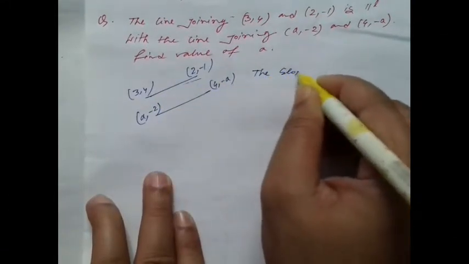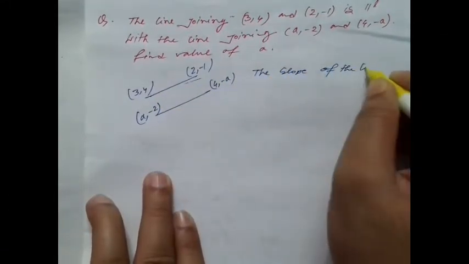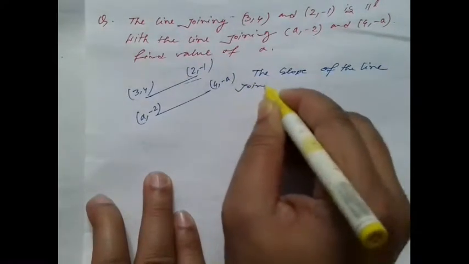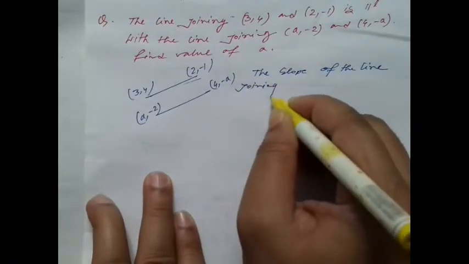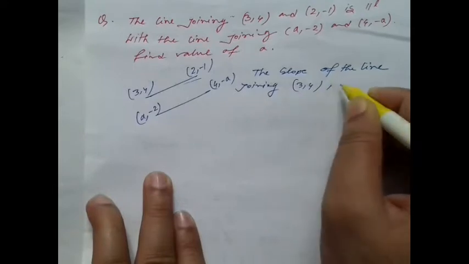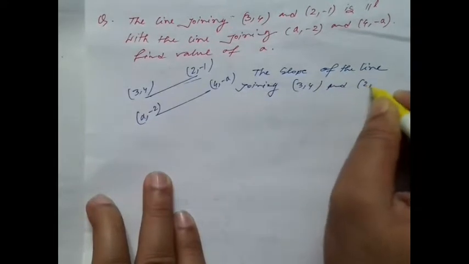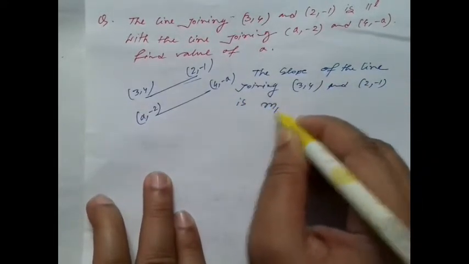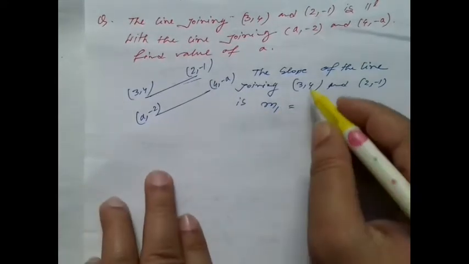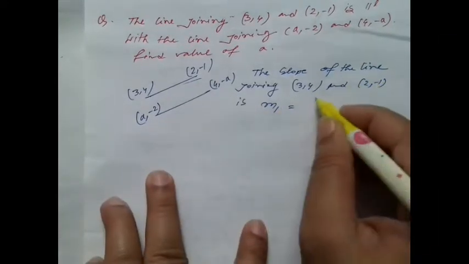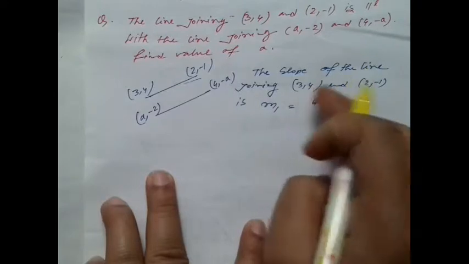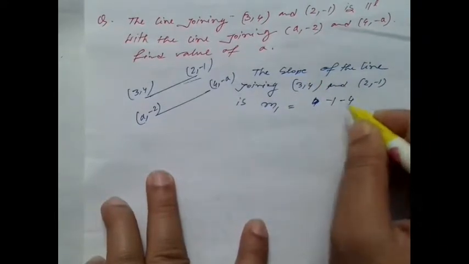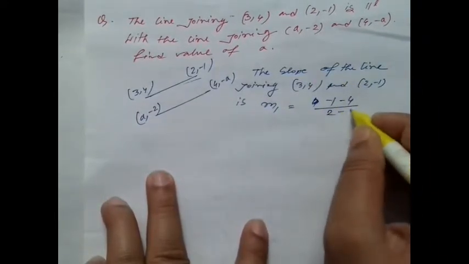So at first we have to find the slope for this line. The slope of the line joining 3, 4 and 2, minus 1 is m1 equals y2 minus y1, that is minus 1 minus 4, over x2 minus x1, 2 minus 3.